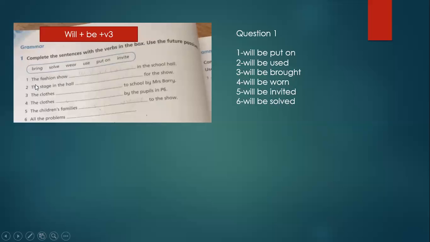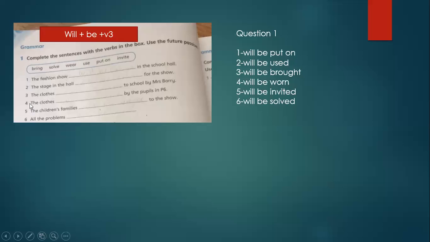Number 1, the fashion show in the school hall. The fashion show will be put on in the school hall. You see, they did not put by because by plus subject is not necessary. The stage in the hall for the show. The stage in the hall will be used.